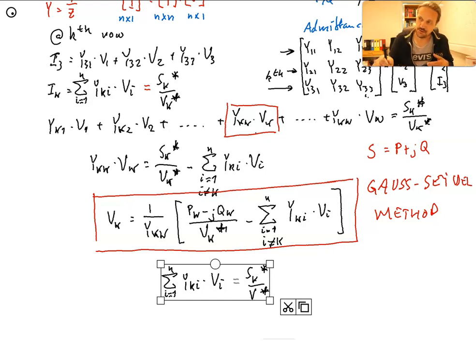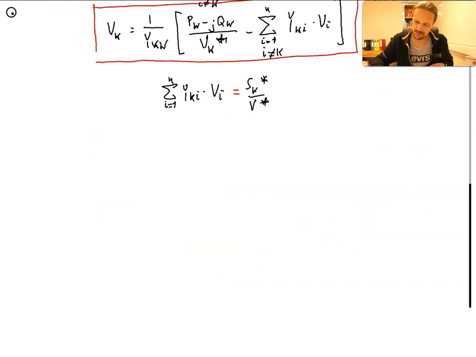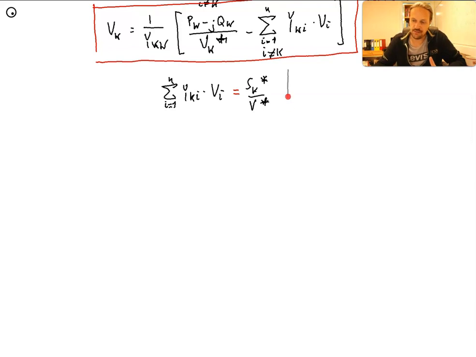So when I have this one, I just need to get back to here, make some space. I want to look at SK conjugate. So what I'm going to do here is I'm going to multiply by VK conjugate. So this was also K, right?